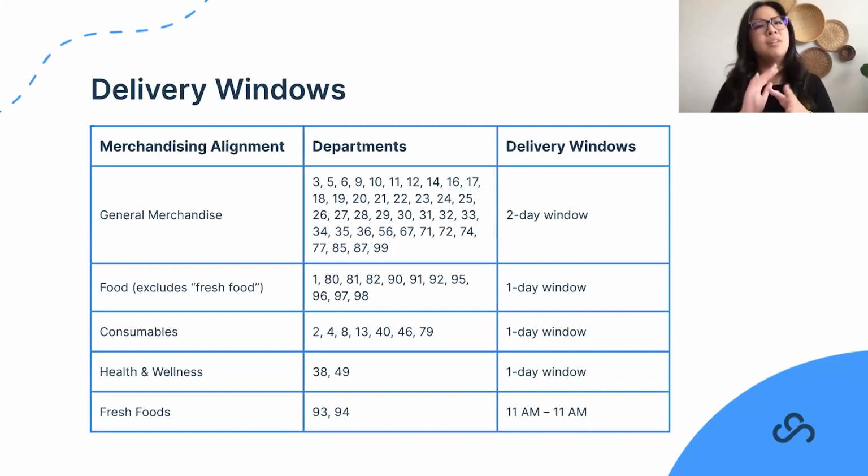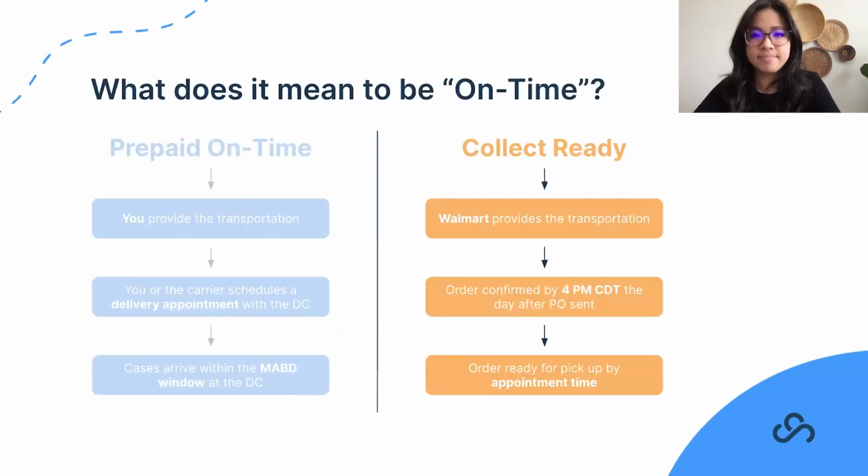If you're collect, it's a little harder to tell, because Walmart's fleet enters a black box once they pick up your goods. But yes, I would go by OTIF's delivery windows, not the DNRB. But good question. Gotcha. Thanks.